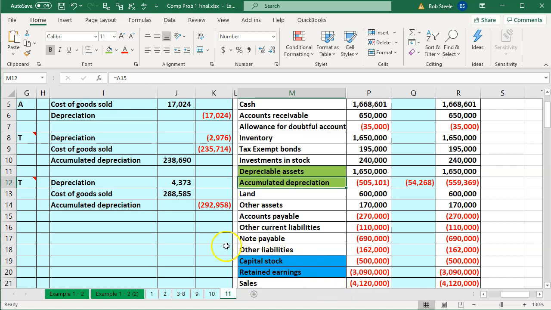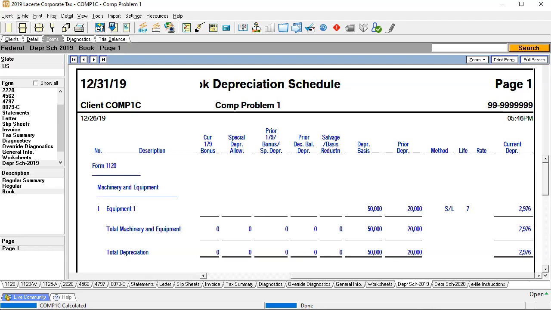We here are going to say that the book depreciation looks like it's correct on a book basis, meaning if we were to look at our book basis, we'd say, okay, what would the sale look like? What would the gain or loss be? Well, we're going to say that we have the 50,000, minus the 20,000 prior year depreciation, minus the 2,976, would be 27,024 book value.